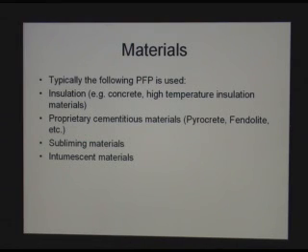Proprietary materials are Pyrocrete, Phenolite. These are water of hydration plasters which use crystalline water in the material to be released during a fire. There are subliming materials which convert from solid to gas, thereby using heat. Intumescent materials puff up and form a passive layer in a fire. And this was it.